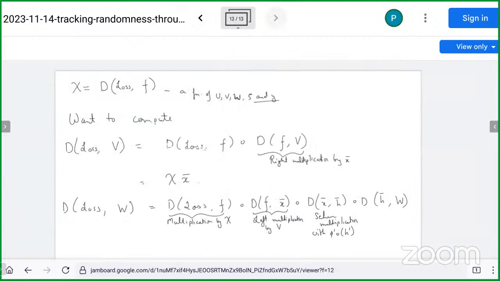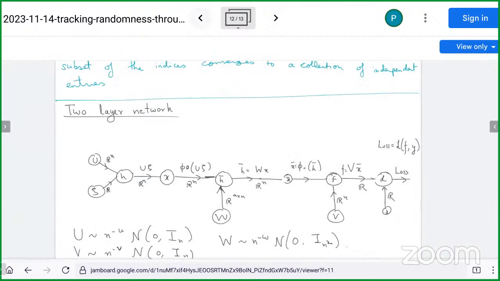Notice this is just X. So it should just be right multiplication by x.